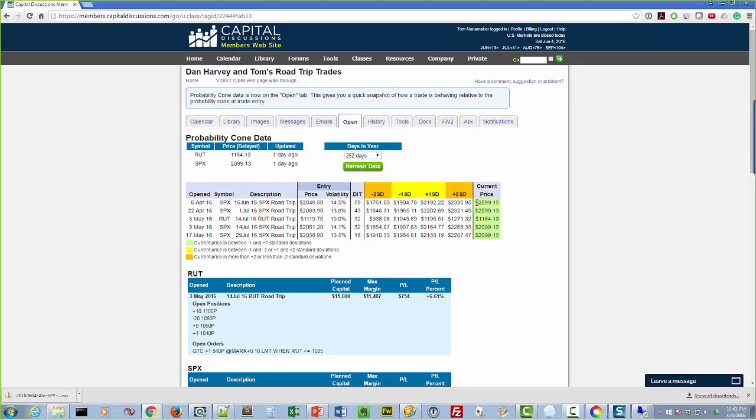So as long as the price is within plus or minus 1 standard deviation of where the trade started, this will be green. Once it gets between +1 and +2, or between -1 and -2, it'll change to yellow. And if it goes below 2 standard deviations or above 2 standard deviations, then it'll be that kind of orange color. So all you need to do is just check here and see, okay, everything's green, and green is good, like a stoplight, kind of.